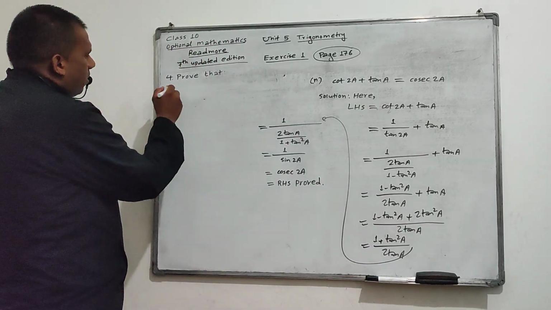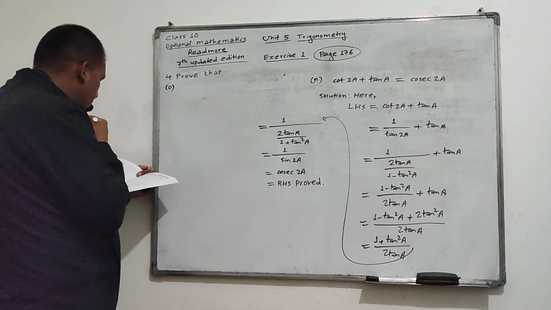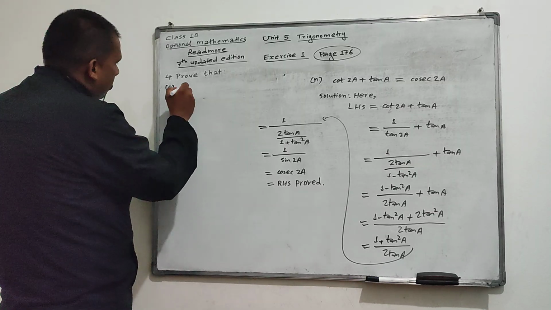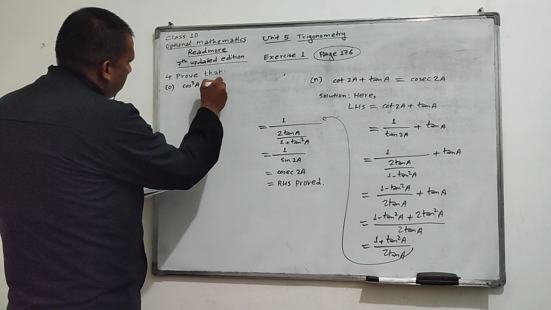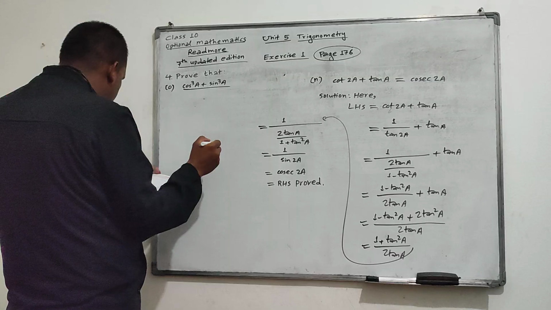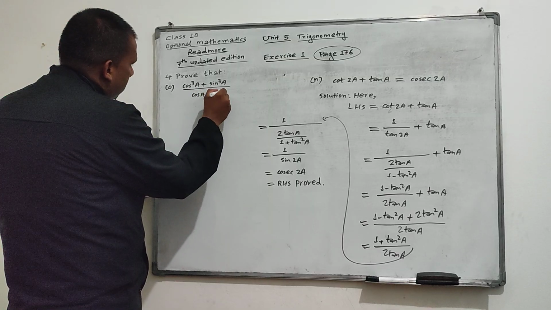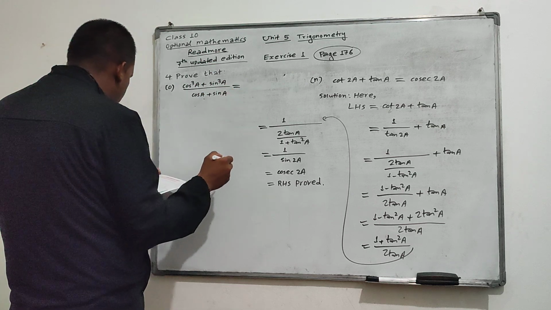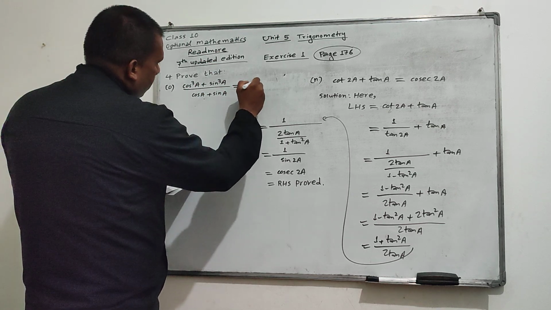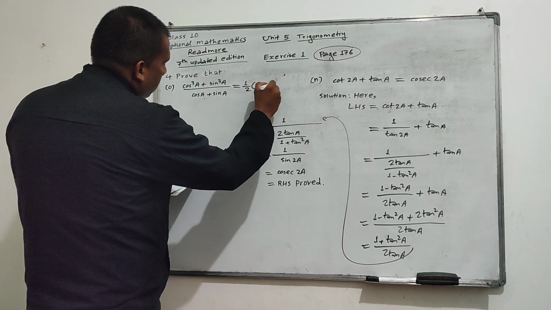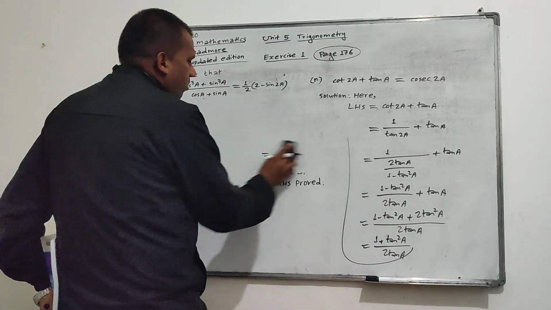Now next question. We have cos cube A plus sin cube A, all upon cos A plus sin A, equals 1 by 2 times 2 minus sin 2A. Now solution.